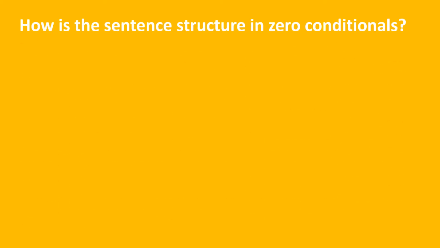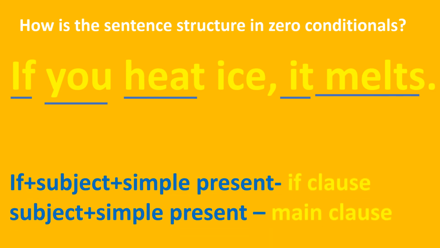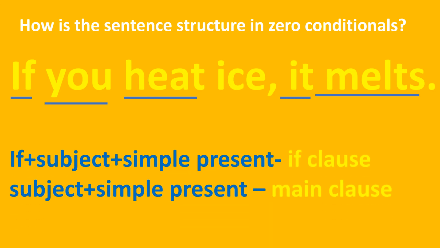Let's see the grammatical structure in zero conditionals. Take the same example. If you heat ice, it melts. Here, if is a subordinate conjunction, you is called a subject, heat is called a verb. That is in the if clause. In main clause, it is subject, melts is a verb. So we can say that if plus subject plus simple present in if clause.